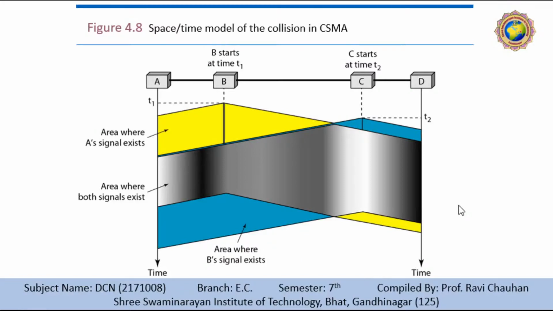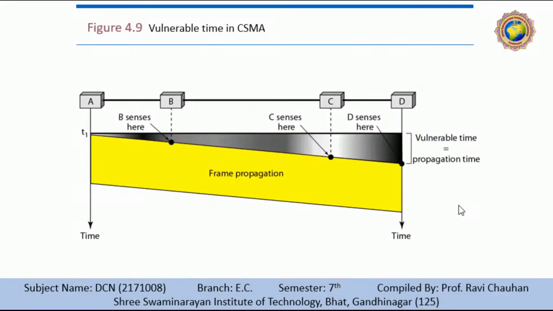Our CSMA protocol also has a vulnerable time. So let's discuss the vulnerable time. The vulnerable time for CSMA is the propagation time Tp. This is the time needed for a signal to propagate from one end of the medium to the other. When a station sends a frame and any other station tries to send during this time, a collision will result.